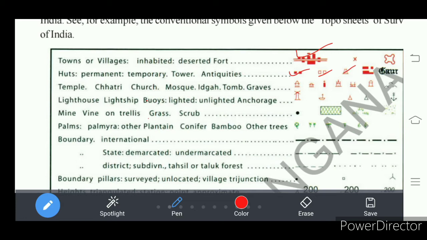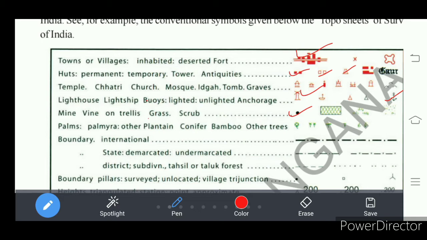And lighthouses, here is the lighthouse symbol, and this is the anchor of ships. This small black dot shows mines, like coal mines and iron mines. And boundaries are shown in this way.